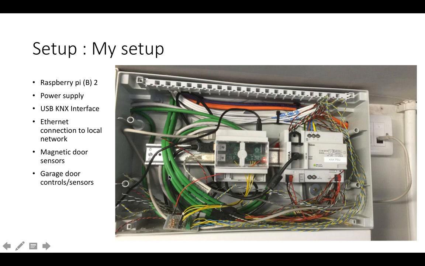That's the KNX bus. Then we've got a KNX USB interface, so you can see the KNX bus wires going into the USB interface there, and then the USB cable coming out of it, curling around and going into the Raspberry Pi.